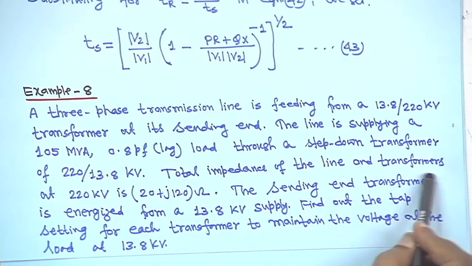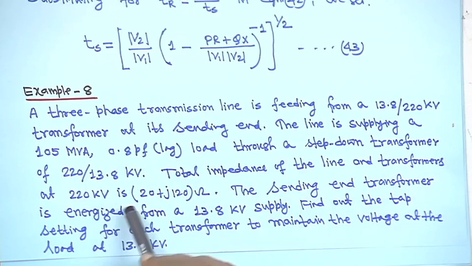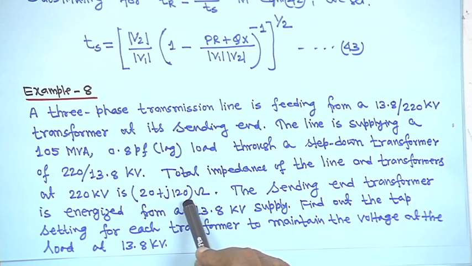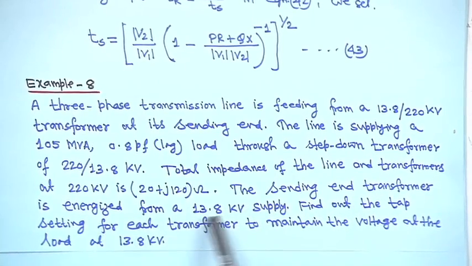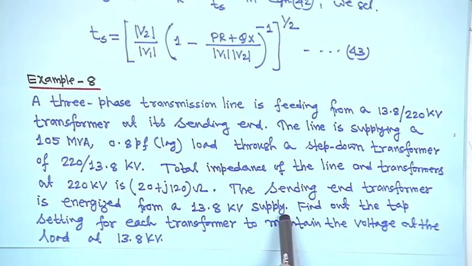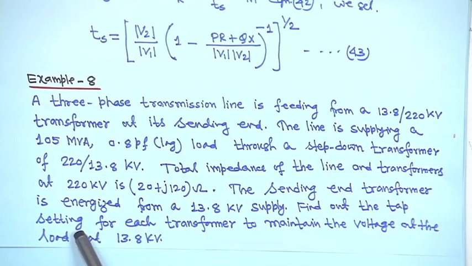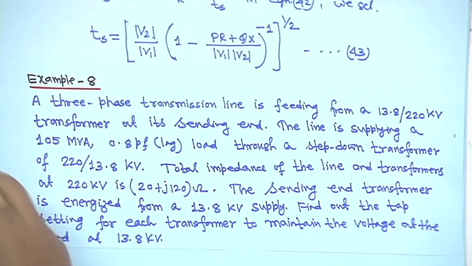Total impedance of the line and transformer at 220 kV is 20 plus j120 ohm. The sending end transformer is energized from a 13.8 kV supply. Find out the tap setting for each transformer to maintain the voltage at the load at 13.8 kV.